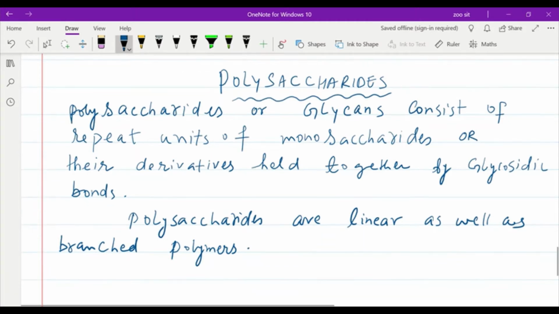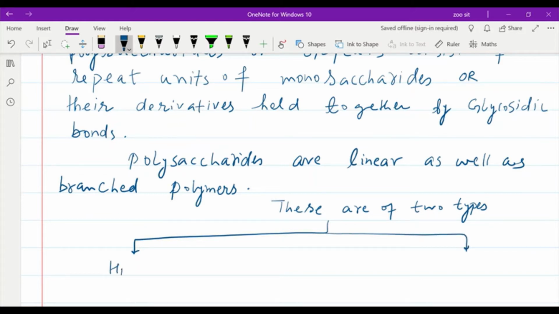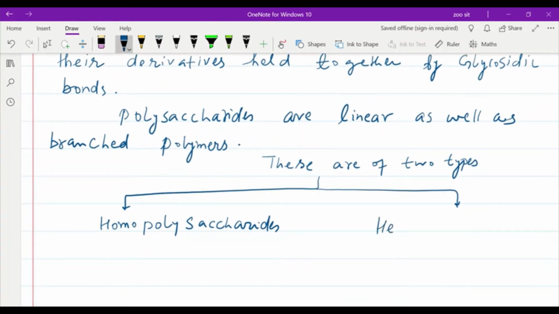And depending upon the components, the polysaccharides can be of two types: homopolysaccharides and heteropolysaccharides.